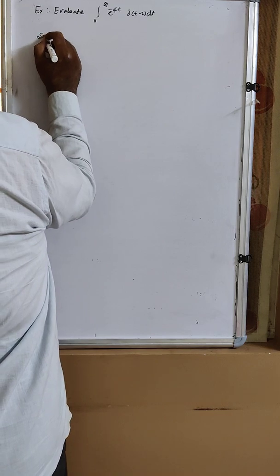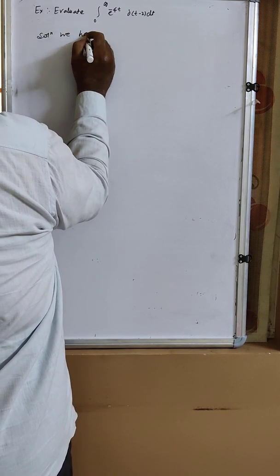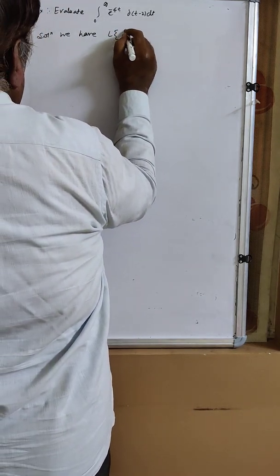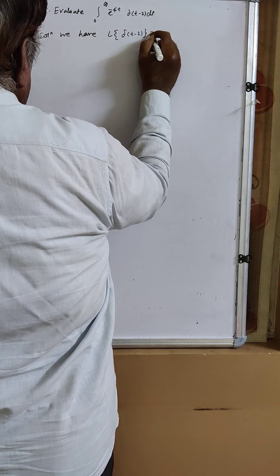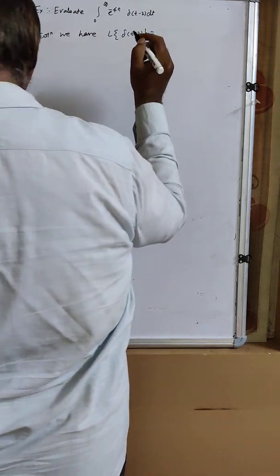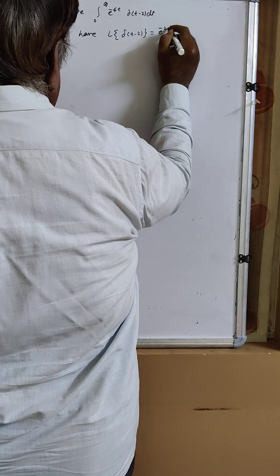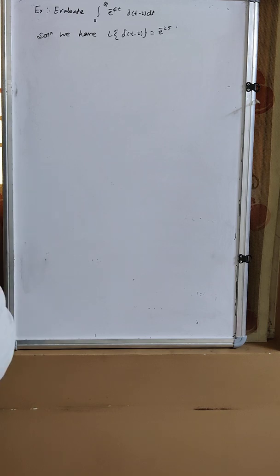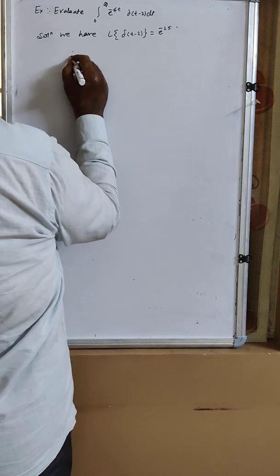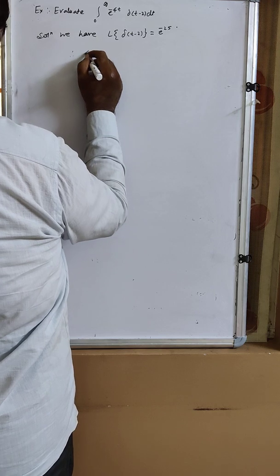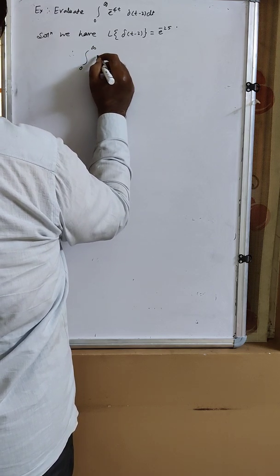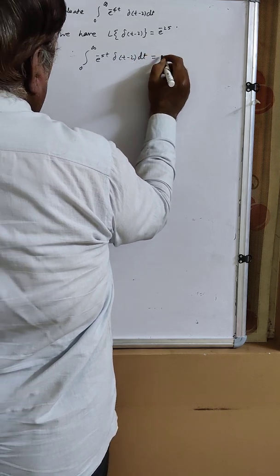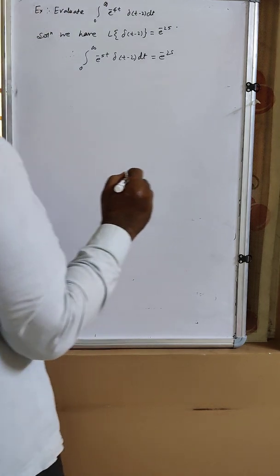Solution. We have Laplace of delta of t minus 2 is equal to e raised to minus 2s. Therefore, by definition of Laplace transform, the integral from 0 to infinity of e raised to minus st delta of t minus 2 dt is equal to e raised to minus 2s.